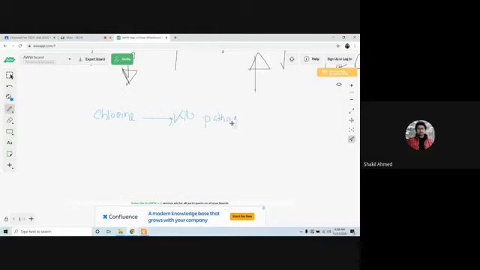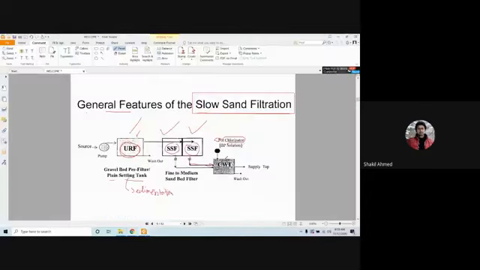Chlorine kills the pathogens. Killing the pathogen is called disinfection, so we perform disinfection here, and then we collect the water.